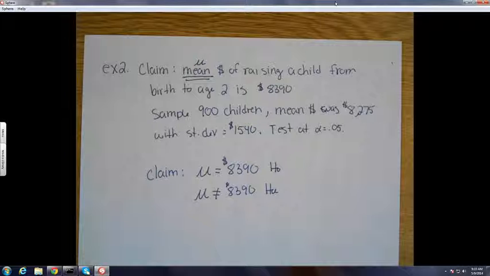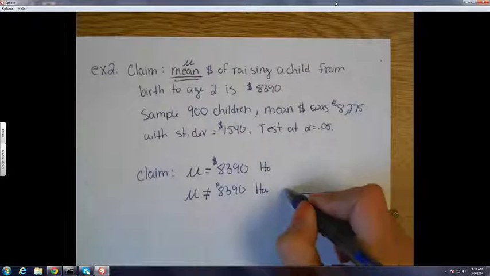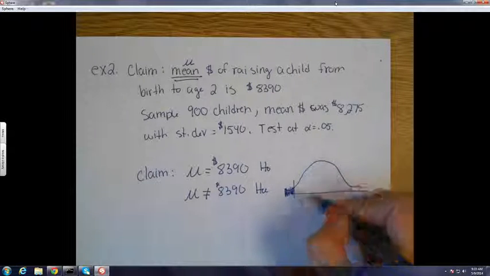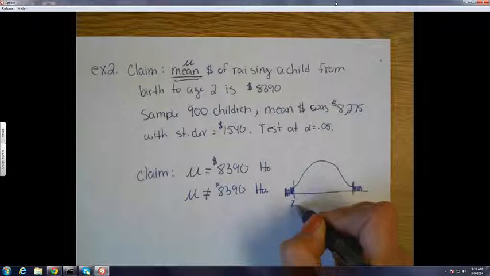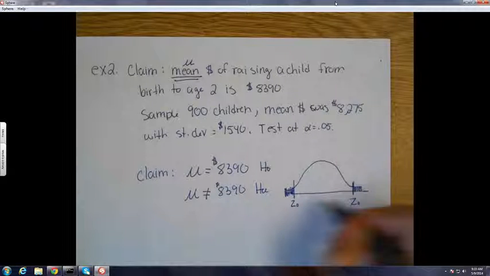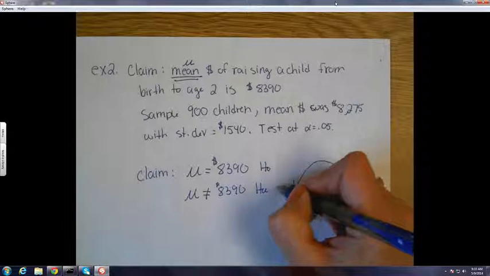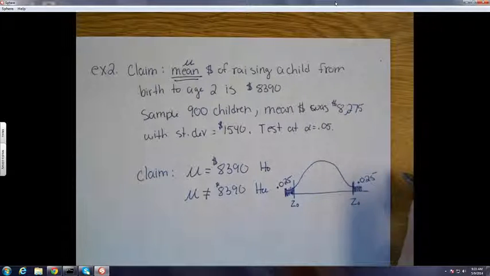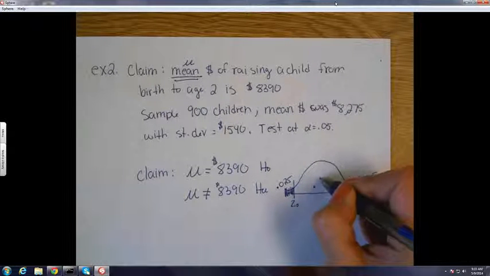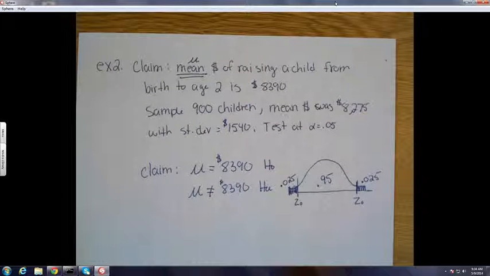Now what do we do next? Tell what tail it is. Two-tailed test. So we have two rejection regions, and two critical z-scores. How much is shaded in each piece? 0.025. What's in the middle? 0.95, 95%. We know they're symmetrical, one negative, one positive.